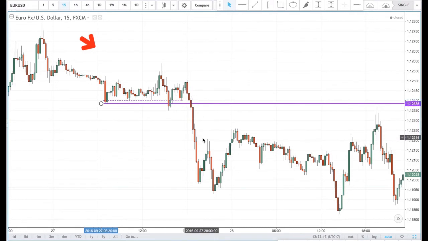Once it's broken below this line, it comes all the way down to here, swings up, swings down, no lower low, swings up, makes a slight higher high, and now we don't know if it's a range or a trend, or if it's a trend up until now. And then we start noticing certain conditions, like, okay, this was the lowest point, which had no lower low from this one. So that's the lowest point right there.